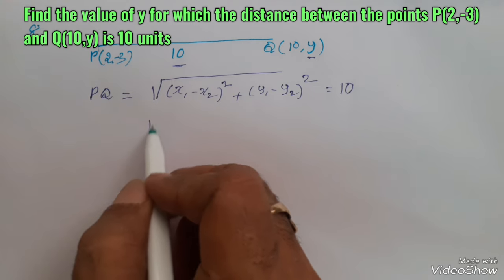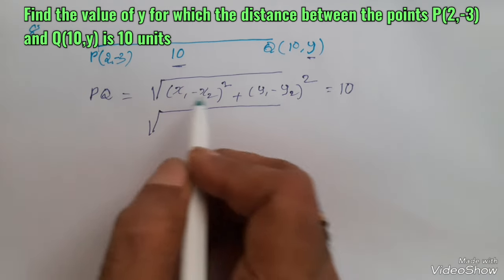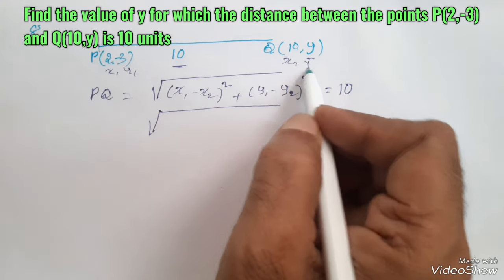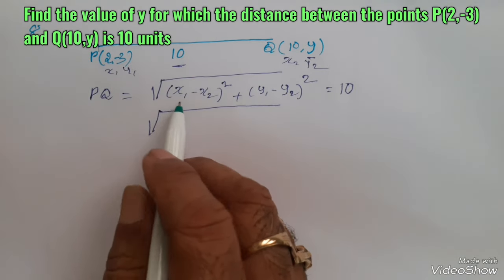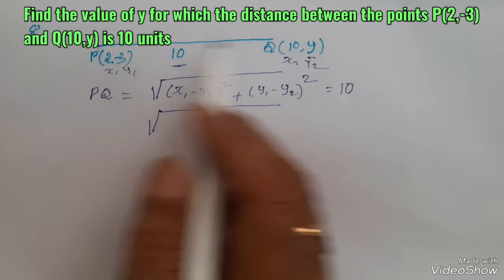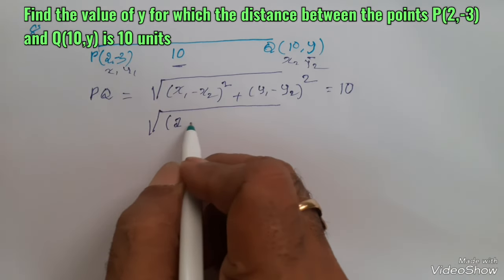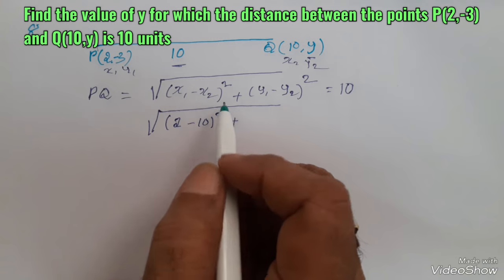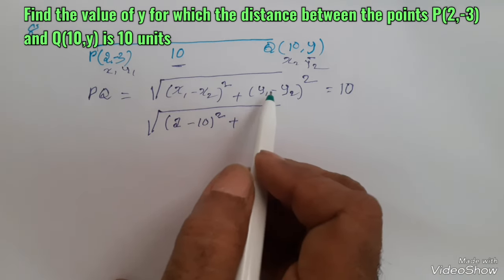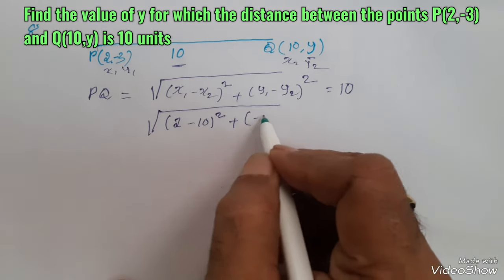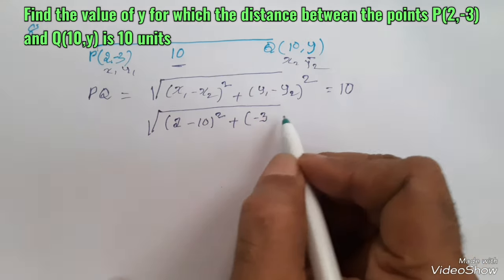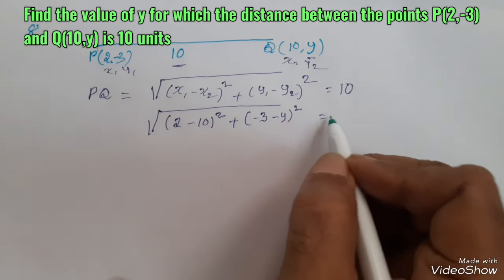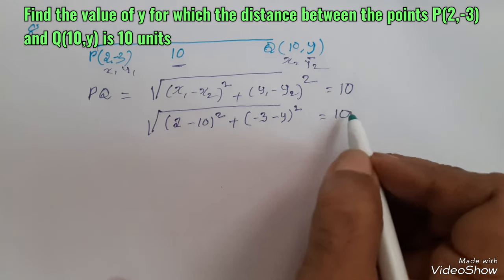Now if you substitute the values here, this is x1, y1 and this is x2, y2. So x1 minus x2, 2 minus 10, plus y1 minus y2, so minus 3 minus y whole square equal to 10.